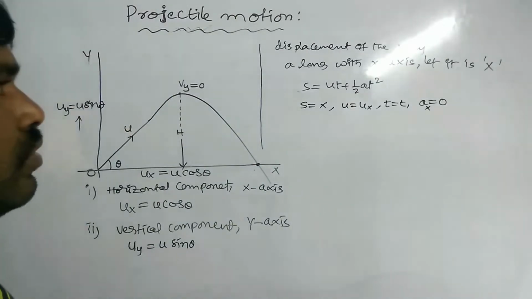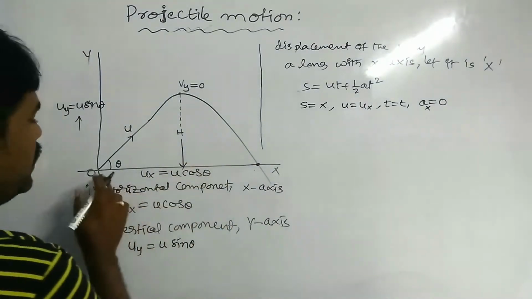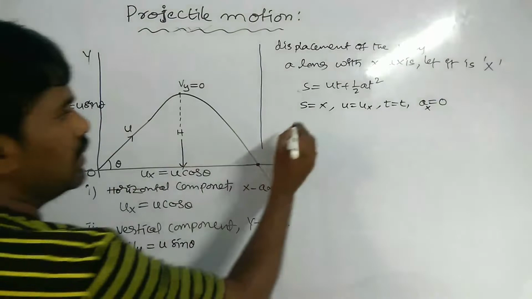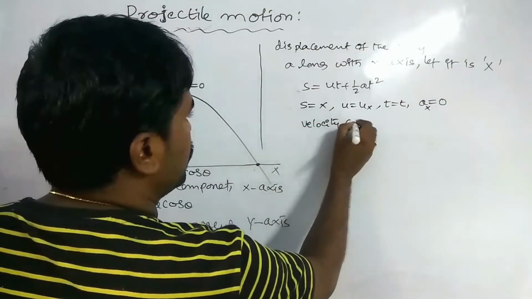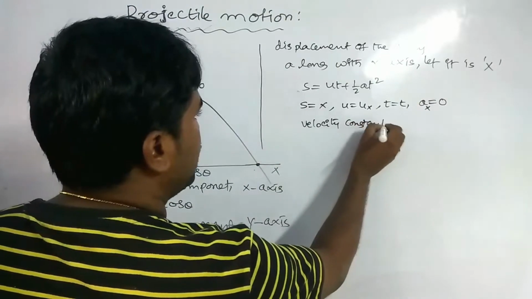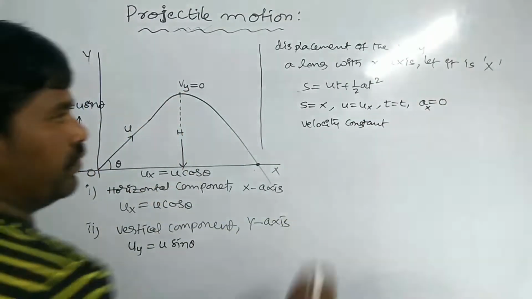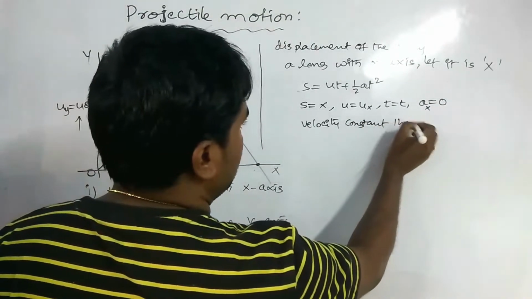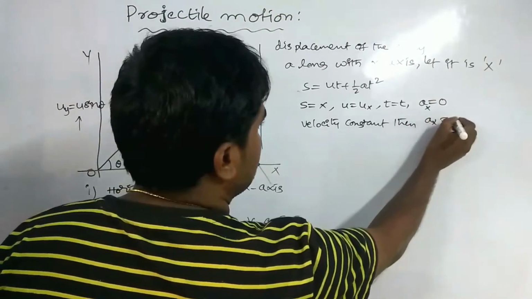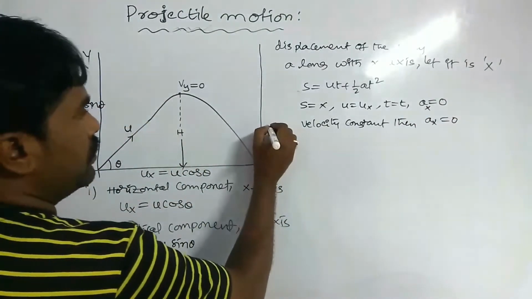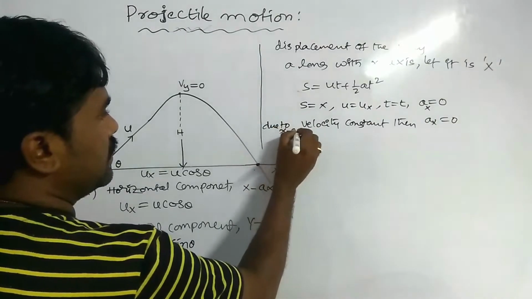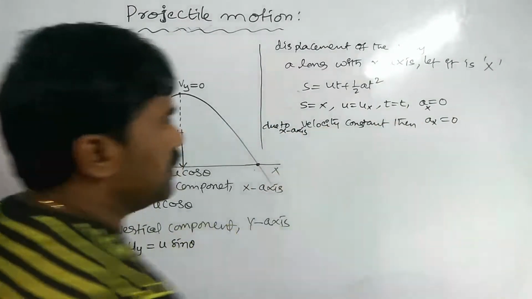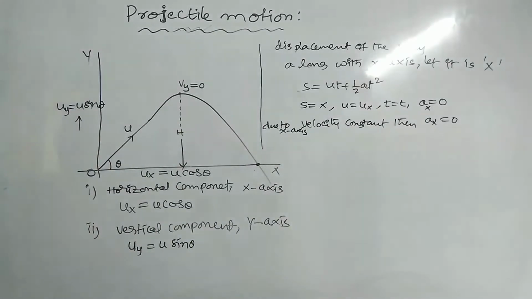The acceleration of the body along the x-axis, because in the horizontal the velocity is constant. The constant velocity has acceleration 0. Velocity is constant, then acceleration ax is equal to 0. Okay?